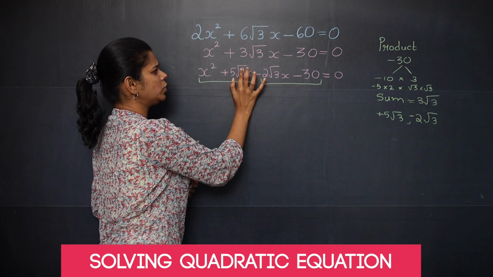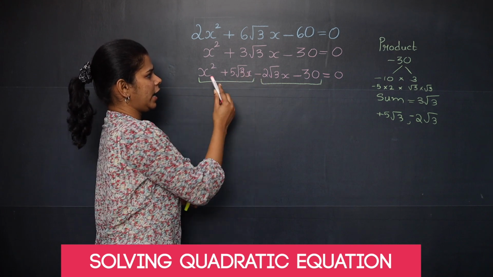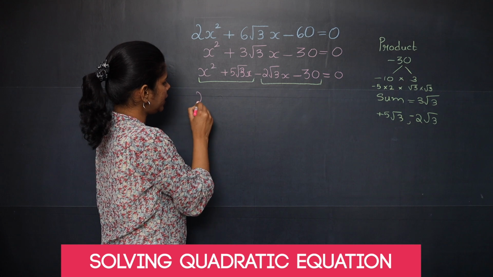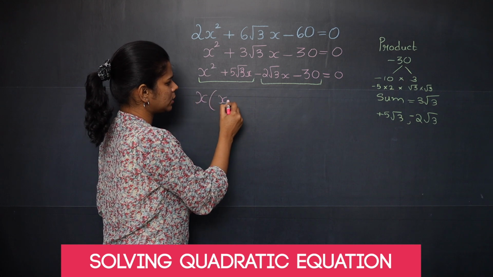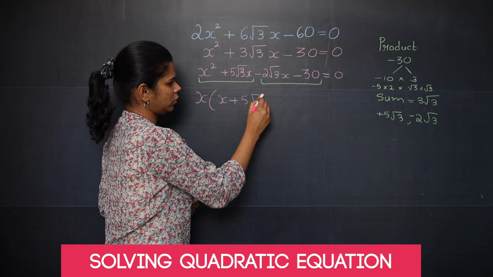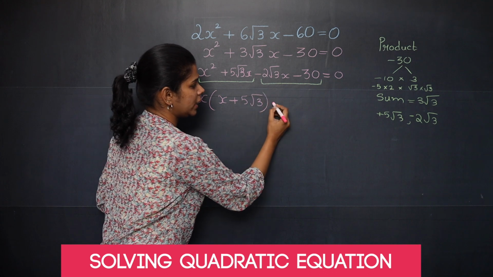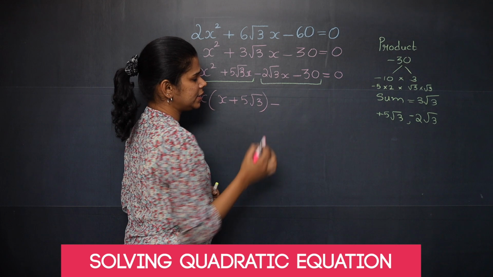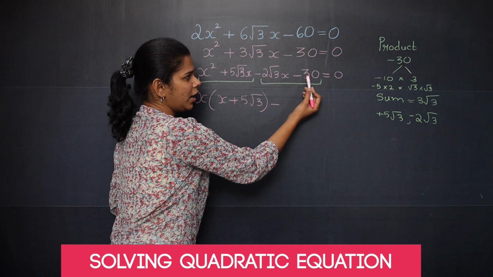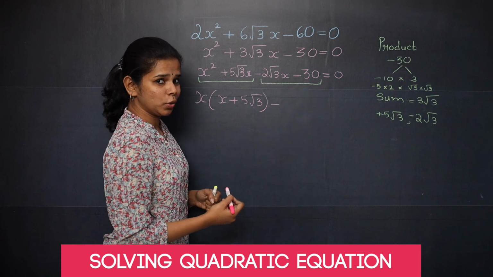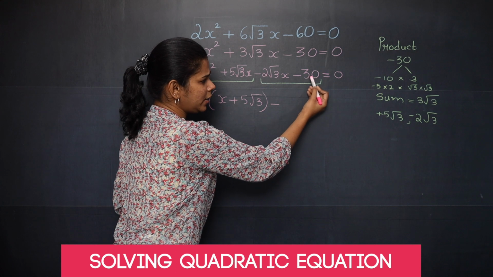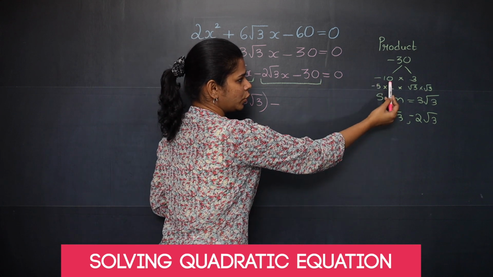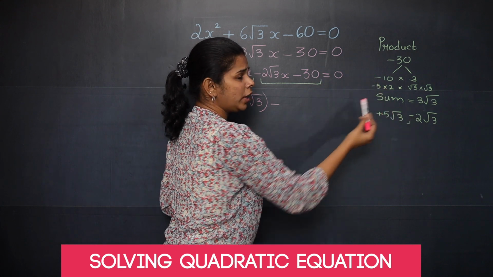In the first two terms, you can see x is common. So x(x + 5√3). Now I am going to take minus. In 2√3x − 30, you can take 2√3 outside, because this 30 can be written as 5√3 into negative 2√3.